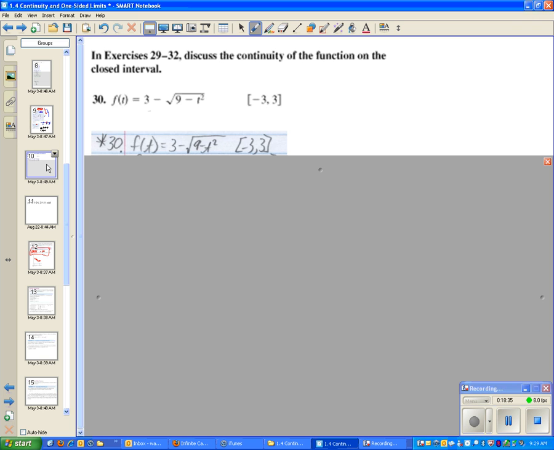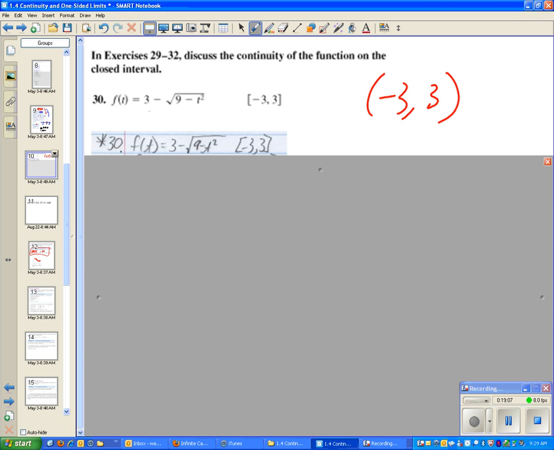All right, so first let's talk about between -3 and 3. If t, instead of x, is a number between -3 and 3, so pick any number between -3 and 3, not including -3 or 3, any number in the open interval: 0, -2, 2, 2.9, -2.9.